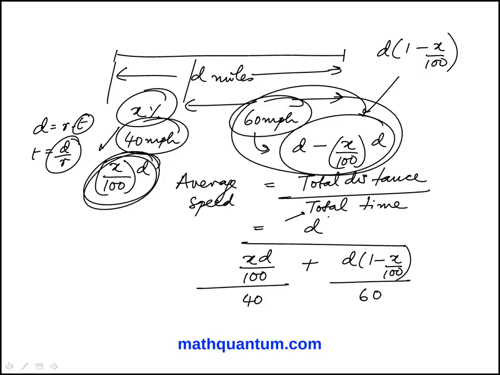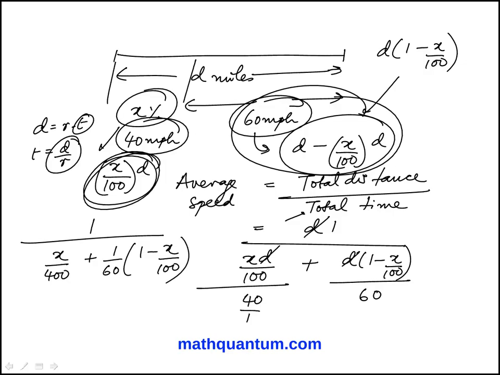I know the d's are going to cancel out, because you see the answers don't have any d in them. So what I'm going to do is, this is x over 400, because it's really 400 over 1, and this is 1 over 60, 1 minus x over 100.